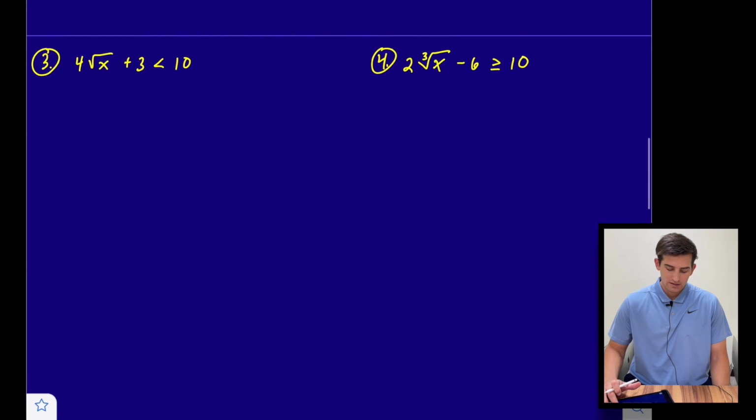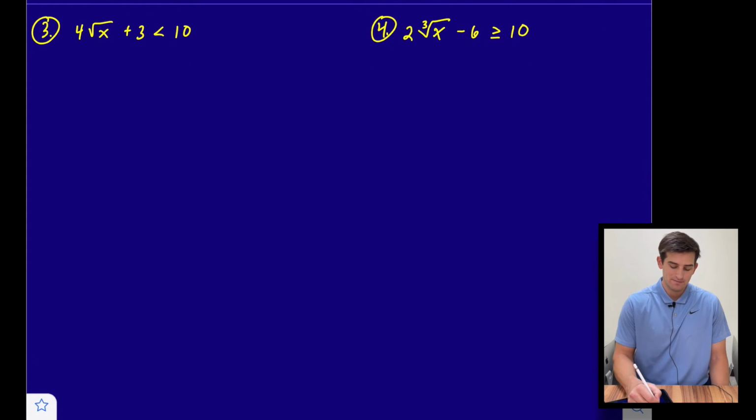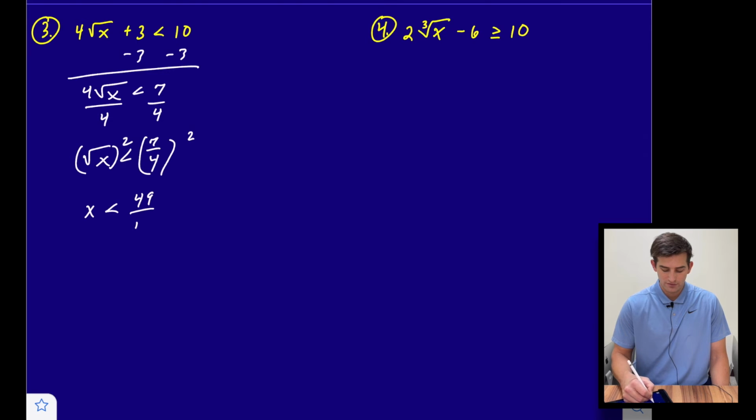Okay, now for number 3, we have 4 times the square root of x plus 3 is less than 10. So let's subtract this 3 here. So we have 4 times the square root of x is less than 7. And now let's divide by 4. So now we have the square root of x is less than, I'm just going to leave this as 7 over 4. Why? Because to undo my radical, I'm going to square this. And so let's just say x is less than, and this would be 49 over 16.